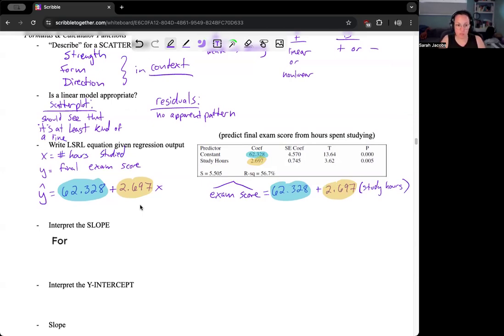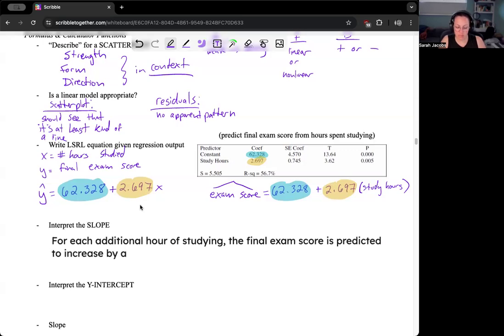So, to interpret the slope: for each additional hour of studying, the final exam score is predicted to increase by about 2.697.